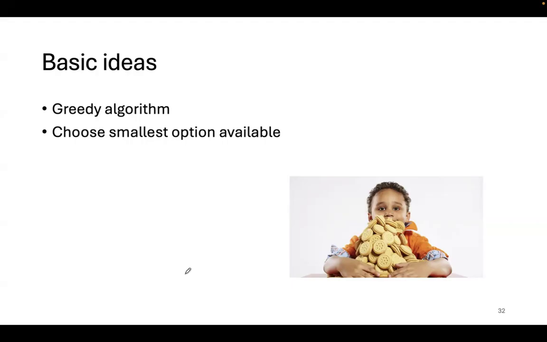We're like going to the store with all of our coupons clipped. In these, we don't necessarily care if there's a lower cost later down the line. We care if there's a lower cost available right now. That's where the smallest option available comes in.